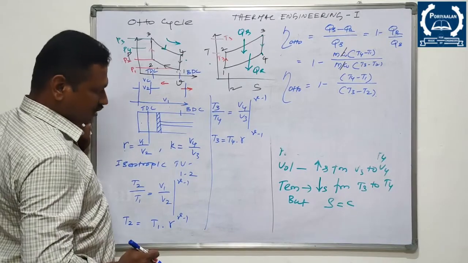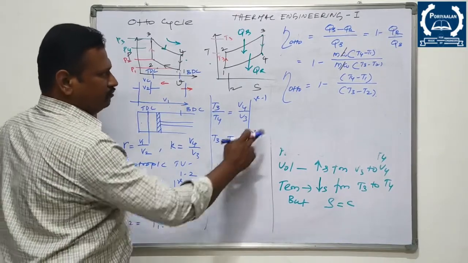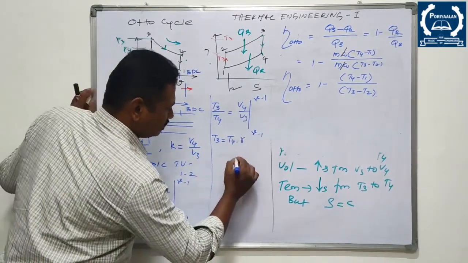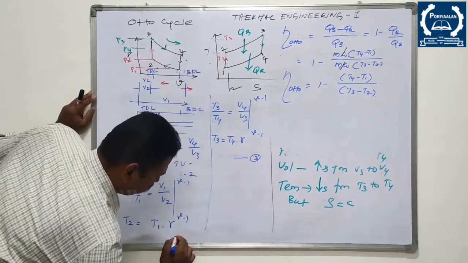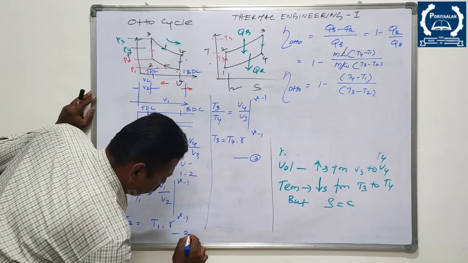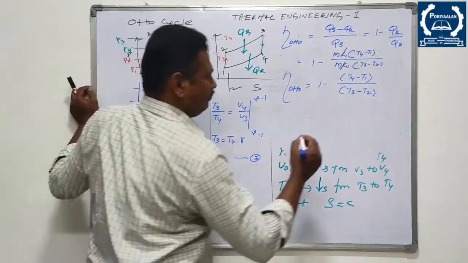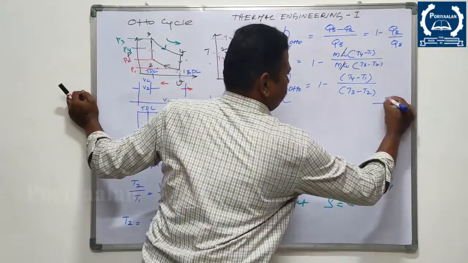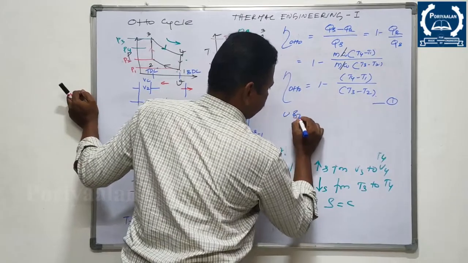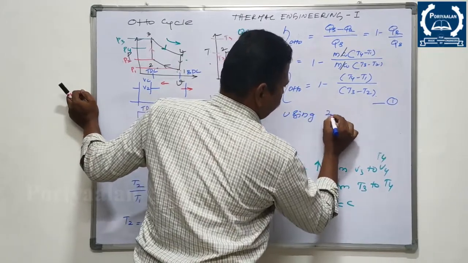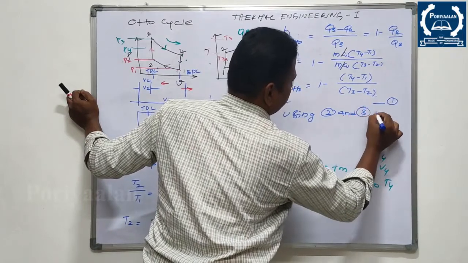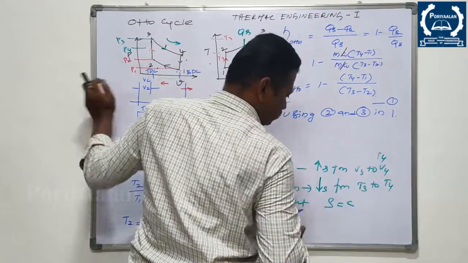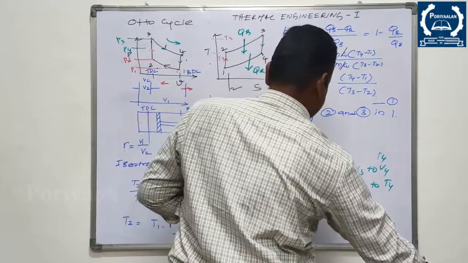What I am going to do is use these two in the first expression. Let us name them 3, 2 and 1. I am using 2 and 3 in 1. So finally the expression will become like this.